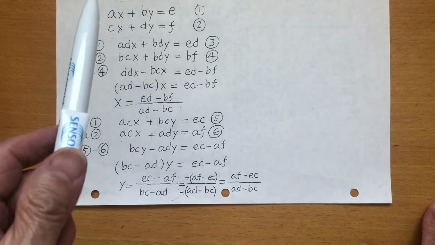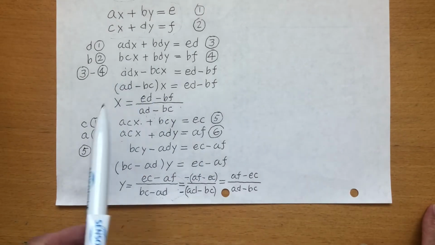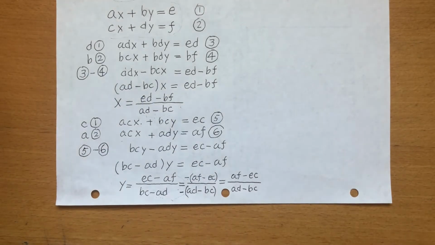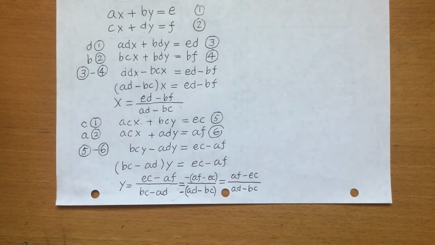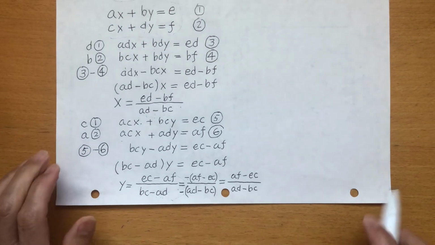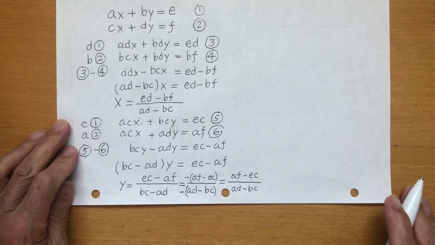And I can use my formula to put in the numbers. I can get X and Y. Okay. So can you remember the formula? It looks like it's not so easy to remember the formula. So there is an easier way to remember the formula.